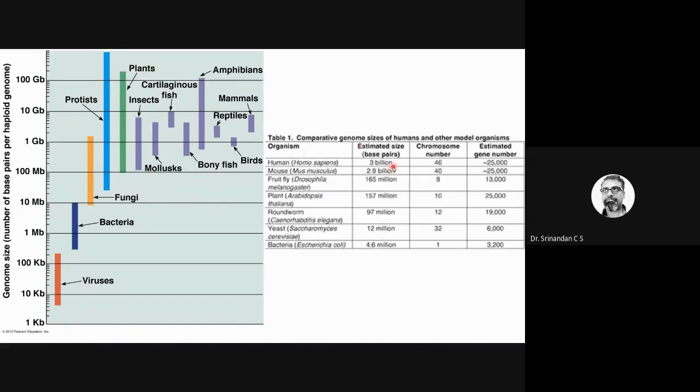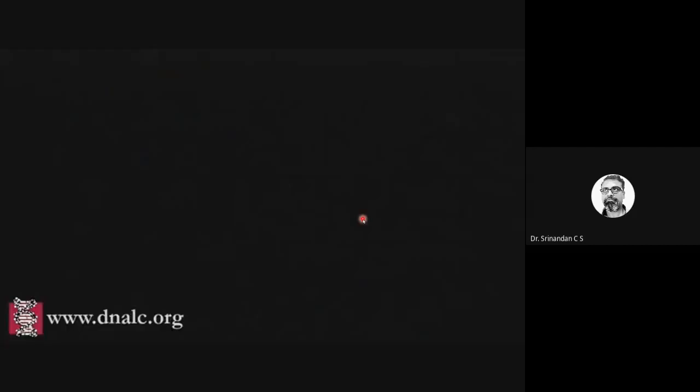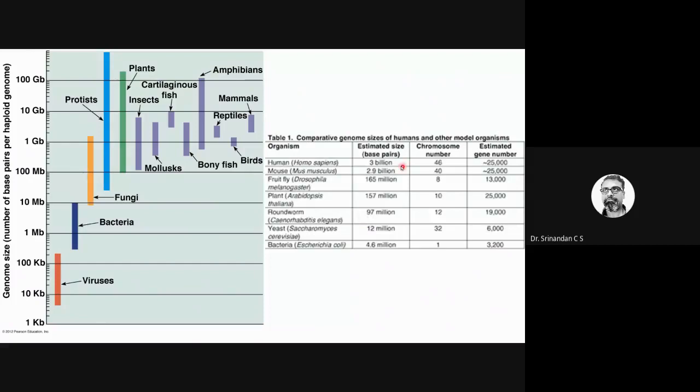Okay, so one thing here we should wonder is that there are 3 billion base pairs, but do you all know that the size of this DNA will be around 6 feet? When you keep arranging around 3 billion base pairs together, do you know it will become 6 feet?